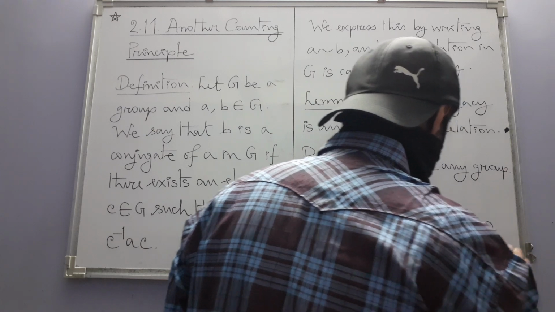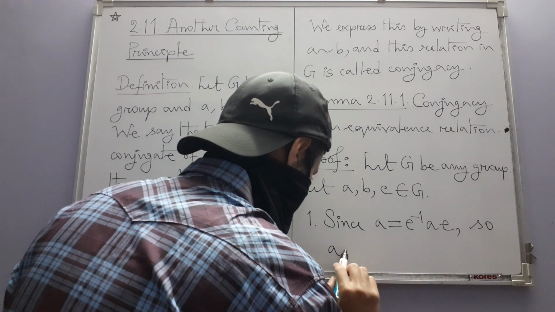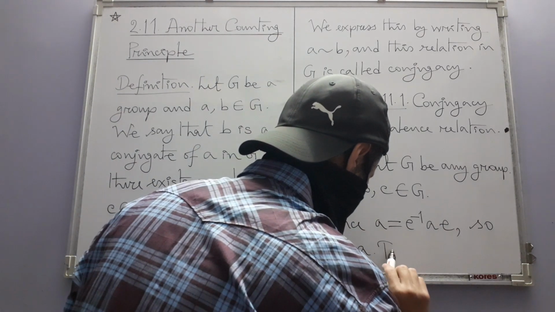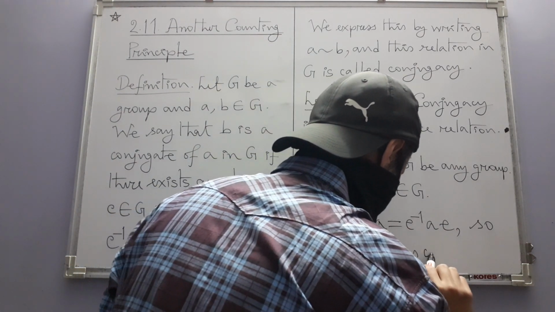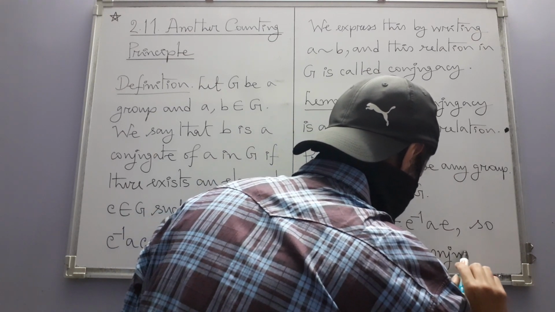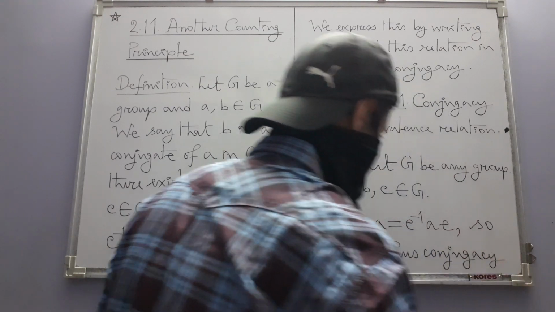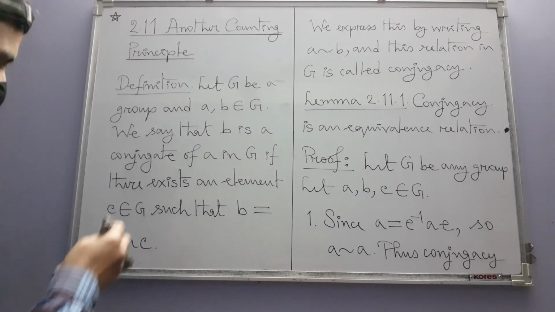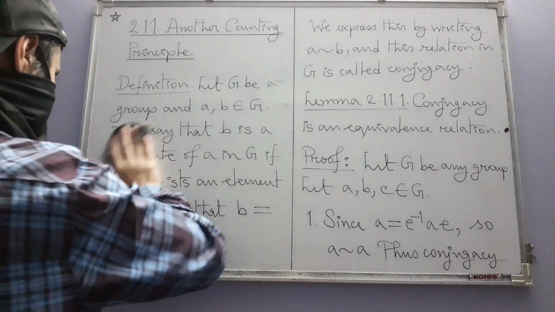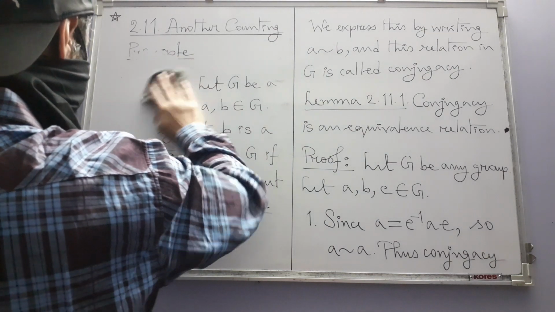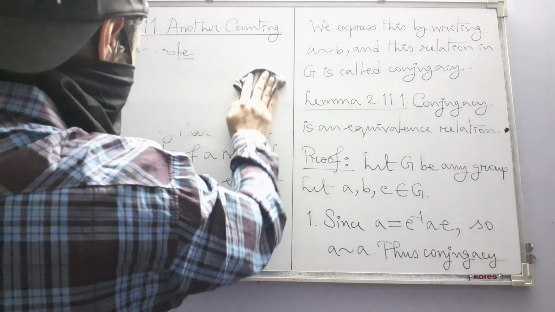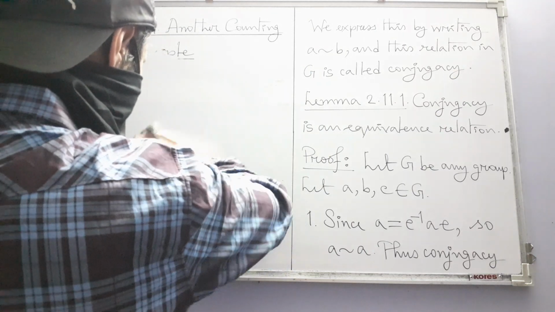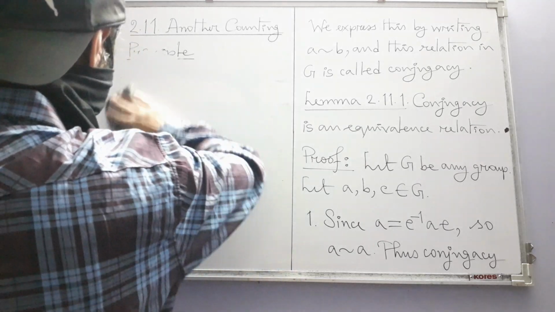So A is related to A. Thus, the relation conjugacy is reflexive. Note that reflexivity demands that every element be related to itself, that every element part is important.